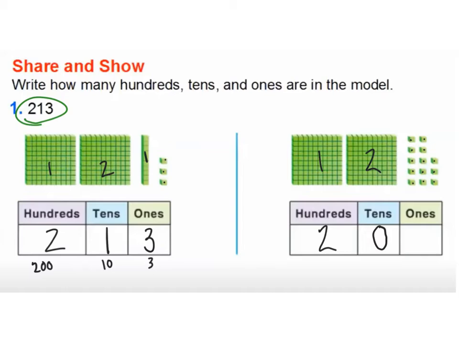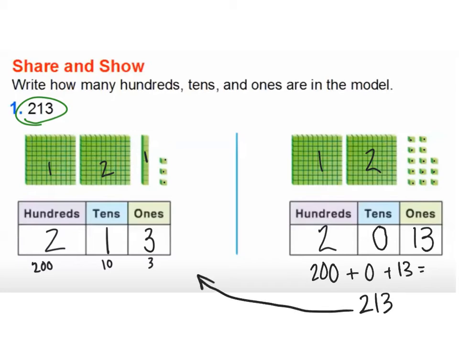How many ones blocks? 13 ones blocks. Which, if we add together 200 plus 0 plus 13, it would still equal 213, which is the same thing that this picture is showing.